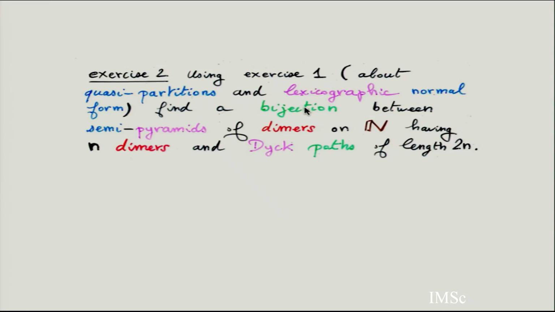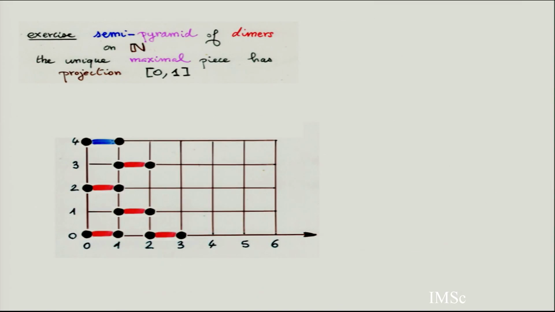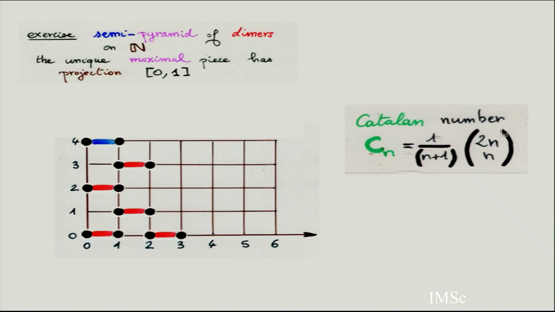So you have to use the first bijection with quasi-partitions, and you go to Catalan numbers. Find a bijection between semi-pyramids of dimers having n dimers and Dyck paths of length 2n. The exercise is not to try to find a direct proof of the fact that the number of such things is the Catalan number.